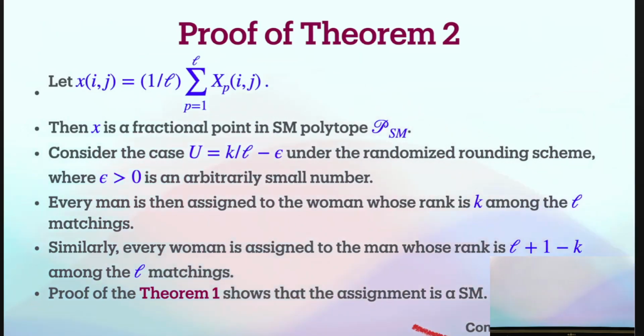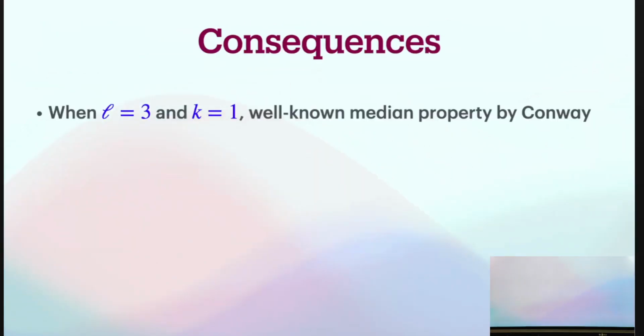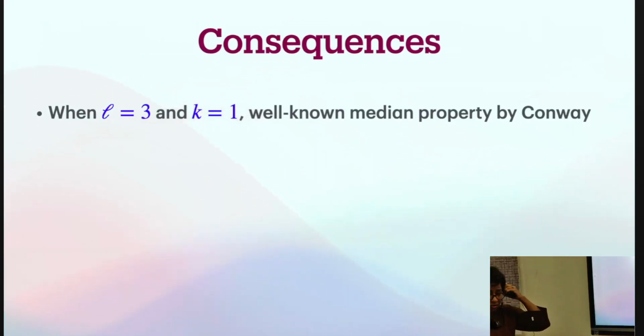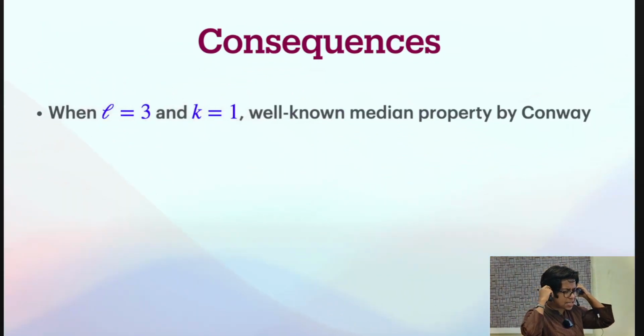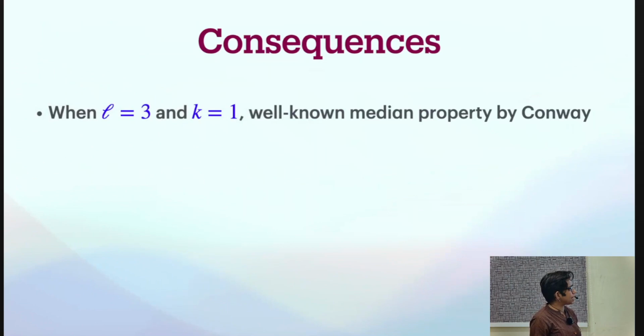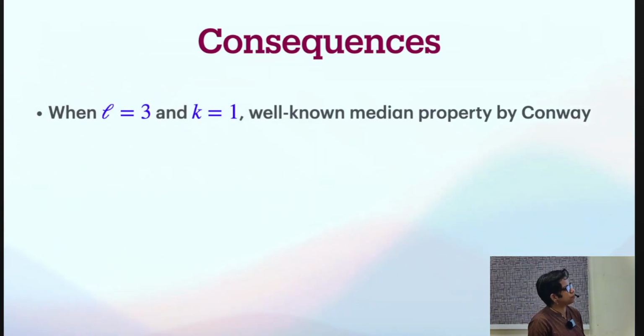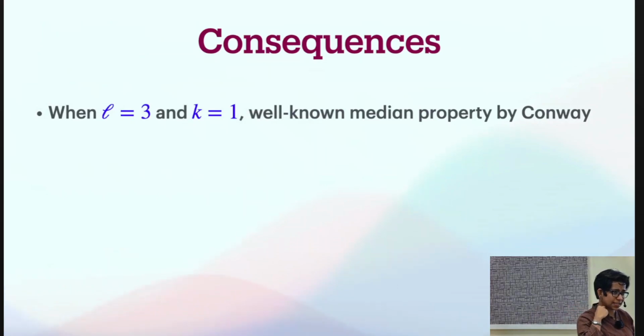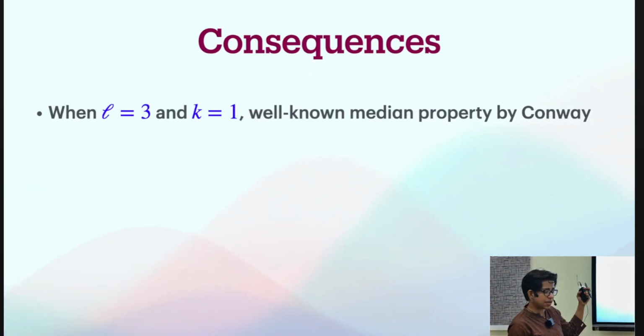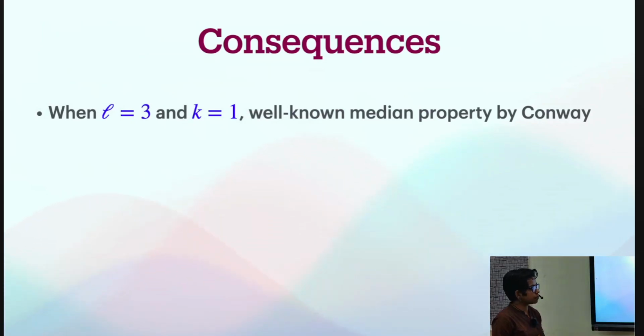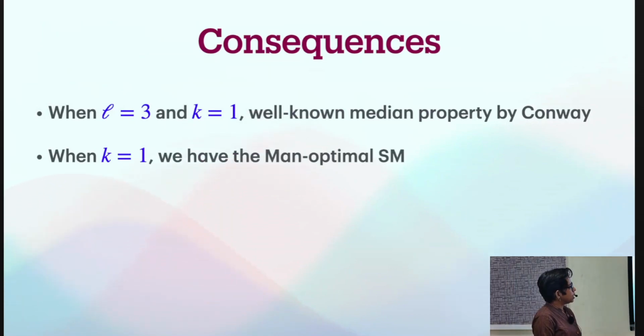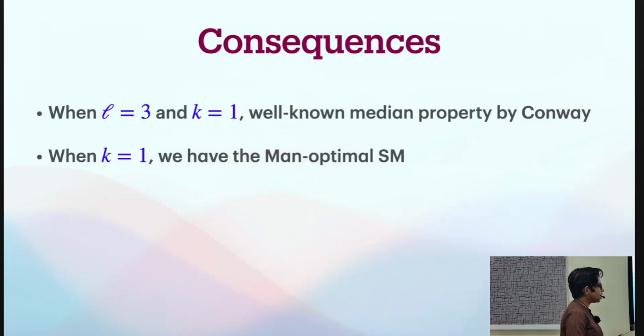So the consequence of this is, we obviously get back some of the well-known results, which is that if L is equal to 3 and k is 1, you have literally a median property. That was conjectured by Conway in the 1960s, and this basically gave a proof of that. Now when k is equal to 1, obviously we get back the man-optimal matching.